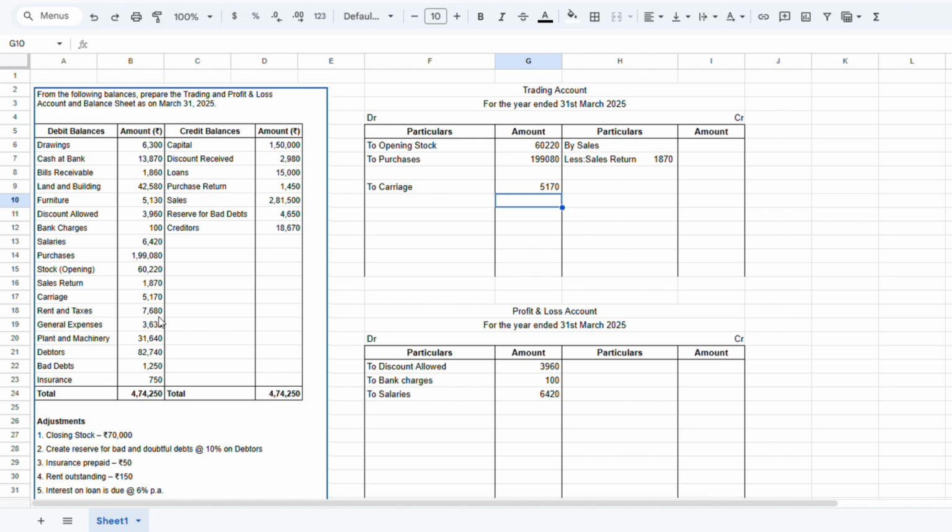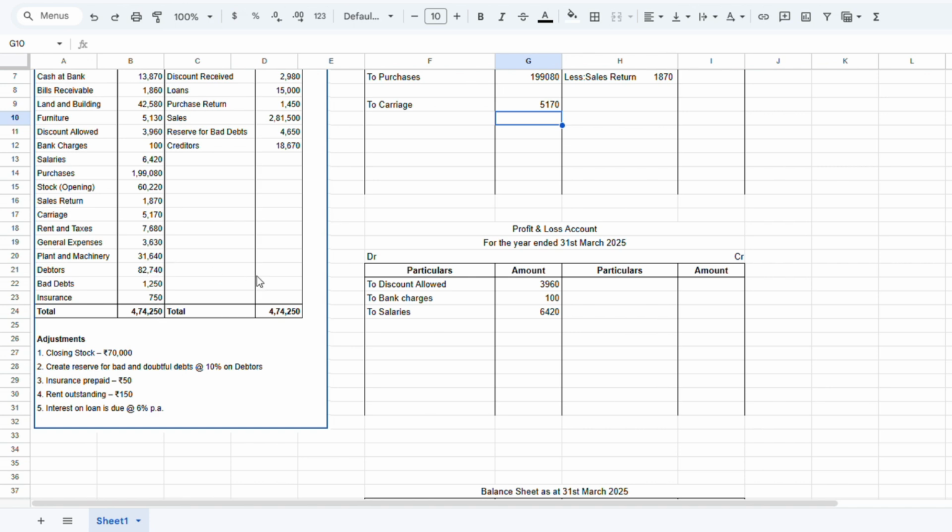Next, rent and rates 7,680. Rent and rates is an indirect expense. So, profit and loss account, debit side, to rent and rates 7,680, but we have to consider rent outstanding, so we will take it in the inner column.